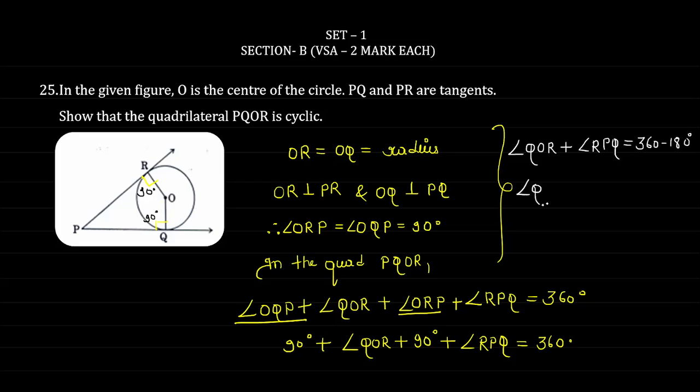So angle QOR plus angle RPQ is equal to 180 degrees. Okay, so we can say that this angle and this angle are supplementary angles, and that is the property of a cyclic quadrilateral. Opposite angles are supplementary, right? So we can say that yes, PQOR is a cyclic quadrilateral. Okay, so this is how you have to prove it.